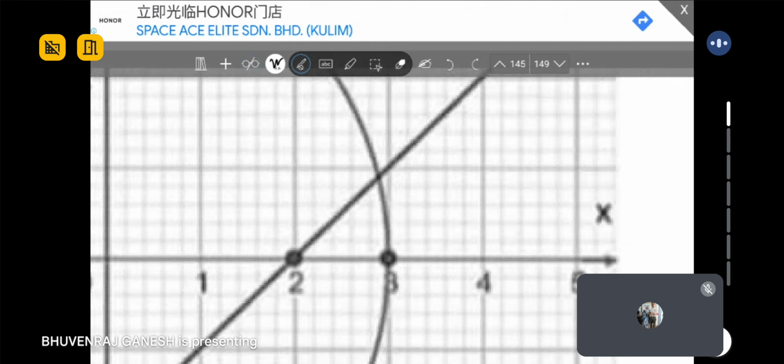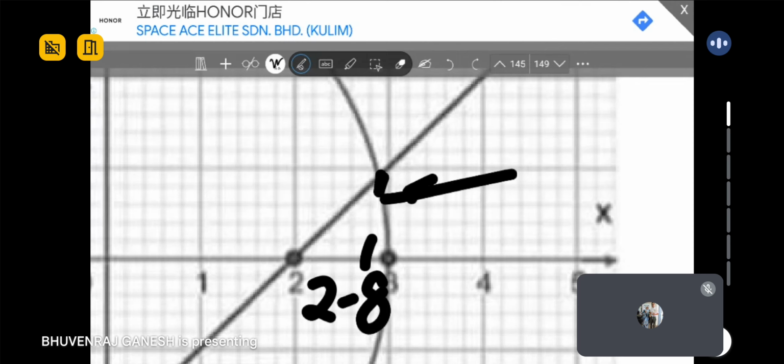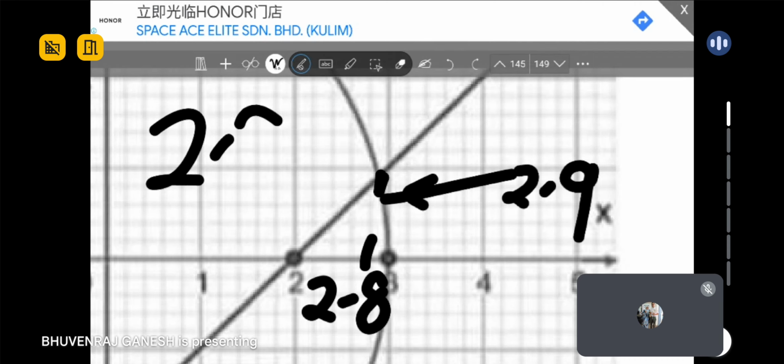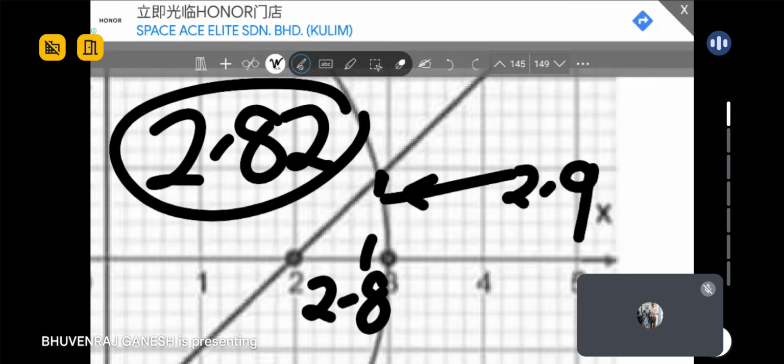Okay, so example. This one is 2.8. Am I right? So, kalau tengah-tengah kat sini, maksudnya apa guys? 2.9. Itu nilai X. Okay, kamu jangan bagi jawapan macam ni lah guys. Okay guys, you say X is 2.82. Guys, logik tak jawapan ni saya bagi? 2.82. Yes or no? Is it logic? My answer over here?